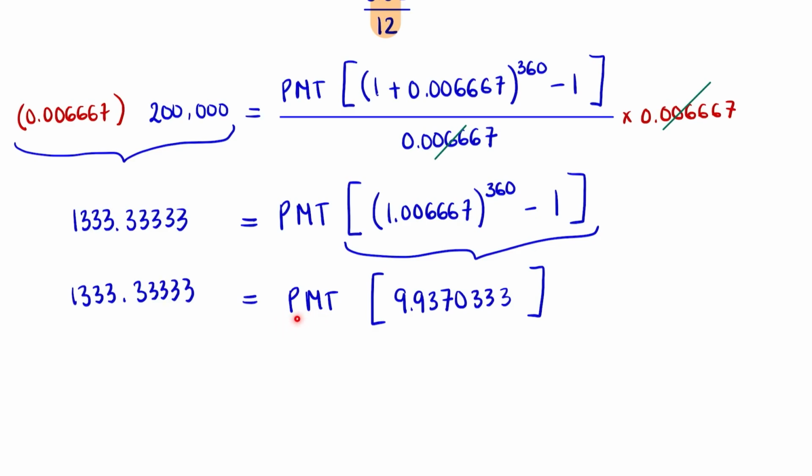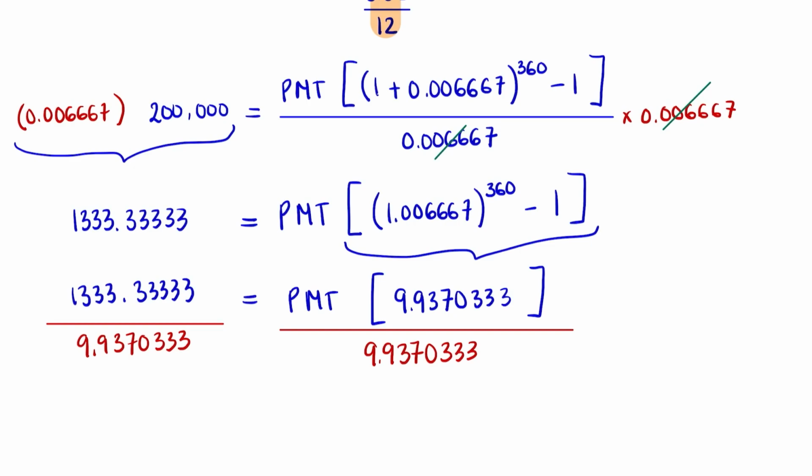And to solve for PMT, I'll divide both sides by this number. And this number got canceled out. PMT is equal to 1333.3333 divided by 9.9370333.